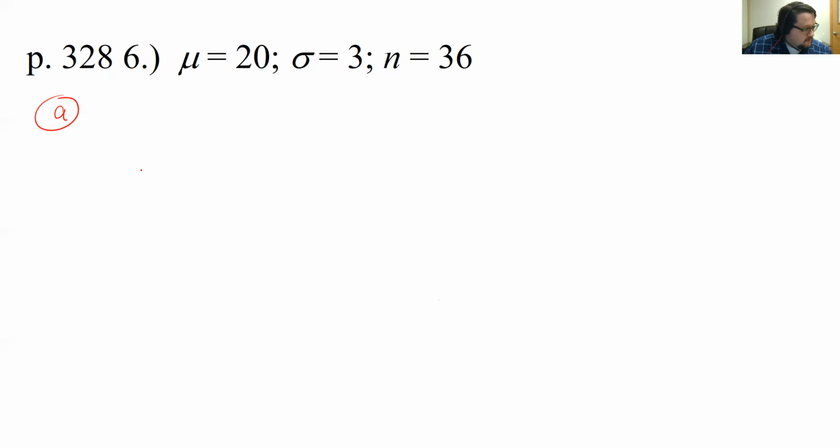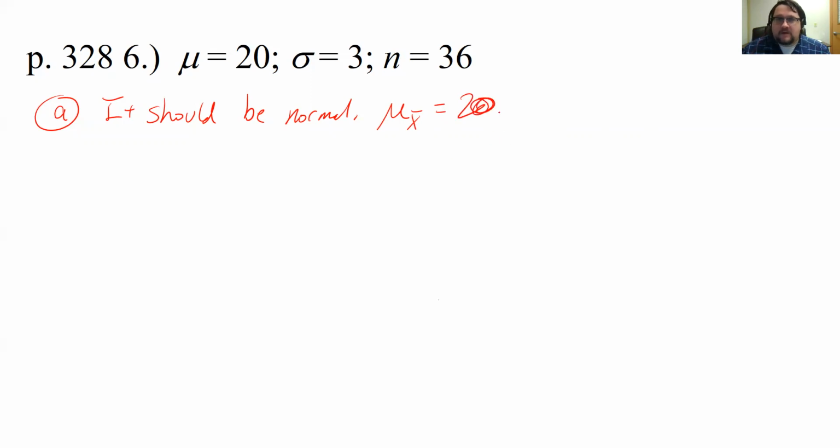Describe the sample mean distribution and compute the mean and standard deviation of the distribution. So again, it should be normal. Then compute the mean: the mean of the sample means is 20, the exact same as the population mean.